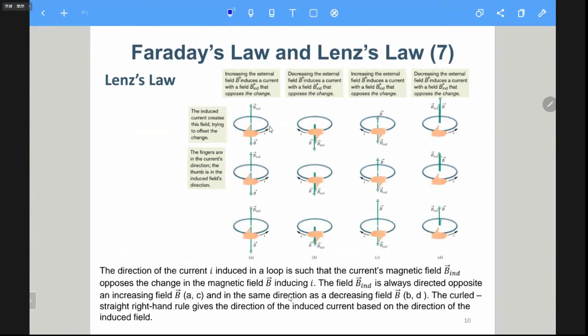So here, let's talk about how to determine the direction of the induced current.